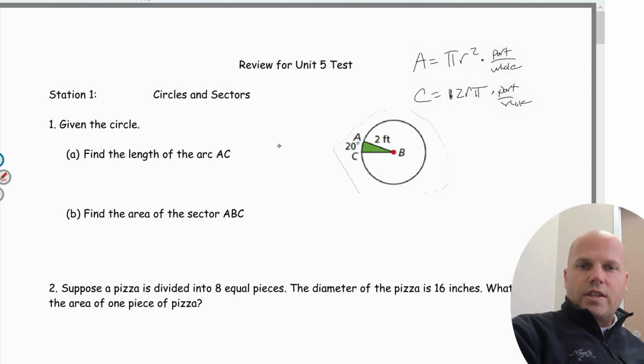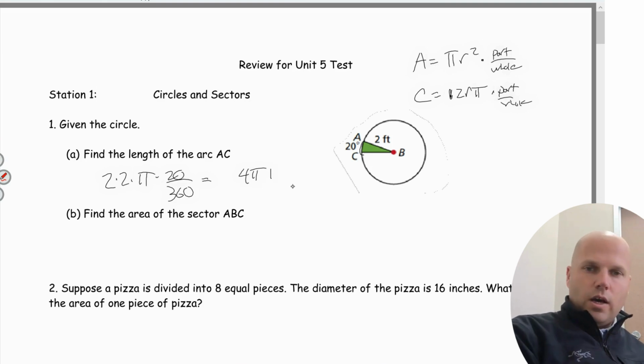So the length of this arc, where this angle is 20 degrees, would be 2 times r times pi times the percentage of my circle. Listen, if you don't have a calculator, I will allow you to leave this answer.